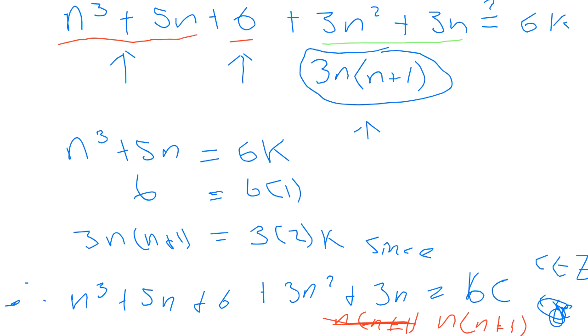And 3n times n plus 1 is equal to 3 times 2 times some k, because 3 obviously is there, 2 is there, which makes it equal to 6 times something. I forgot to write that part. And you could go ahead and explain it. Since you tell why: it's a product of two consecutive numbers, and the 3 is multiplying it as well. Therefore, in the final line, everything that we had up at the top is equal to 6 times some integer. And that's it.